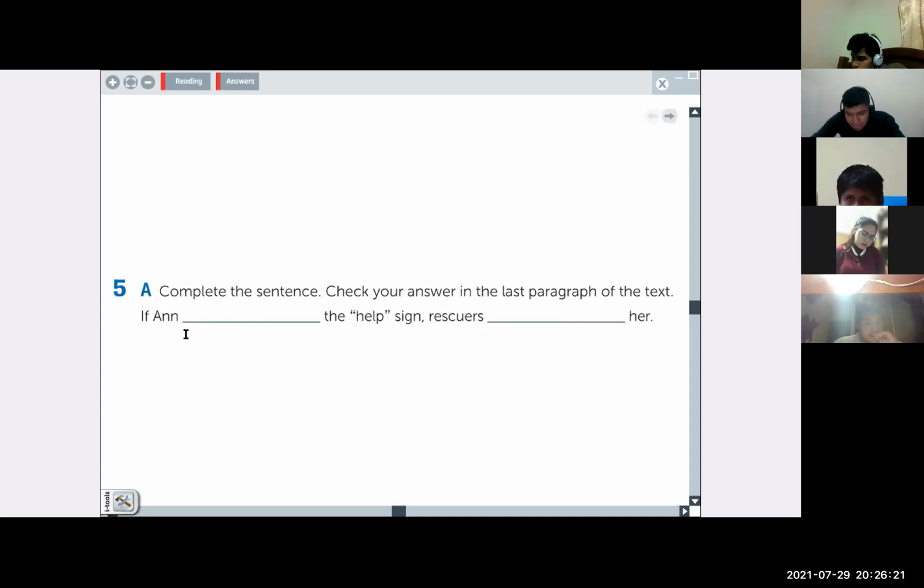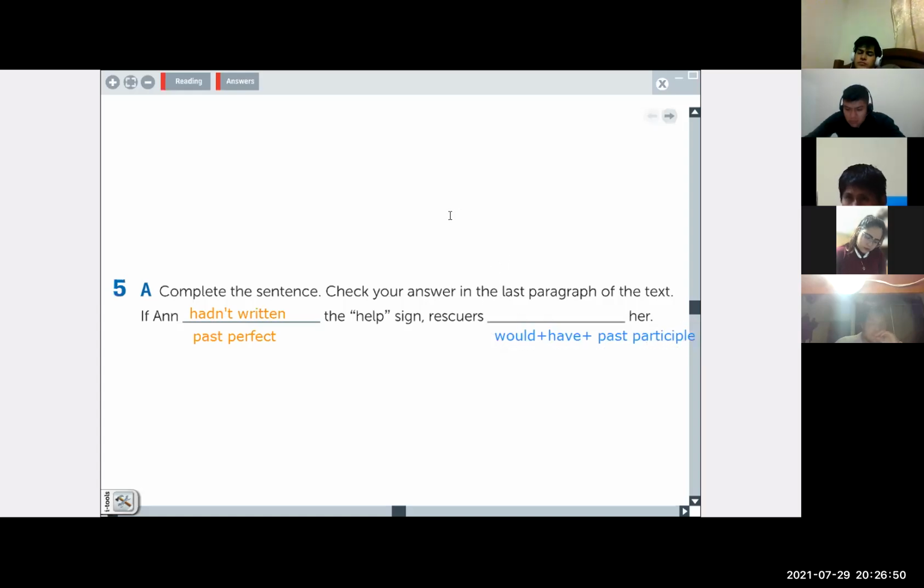If Anne, recuerden que aquí tenemos que buscar un past perfect. Hadn't written, okay, hadn't written the sign, the help sign, rescuers, and here we need to use would plus have plus past participle.